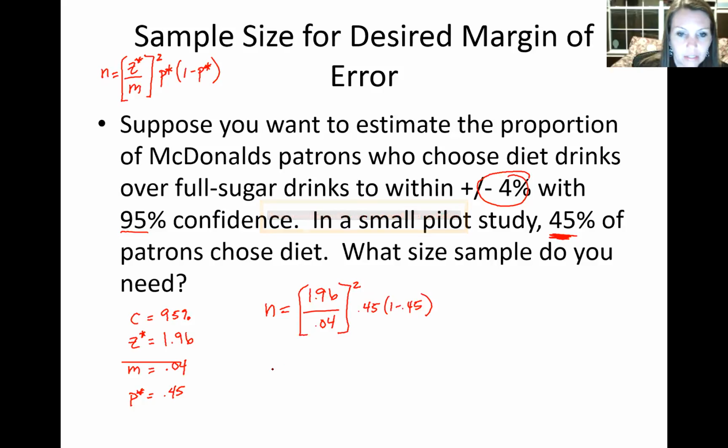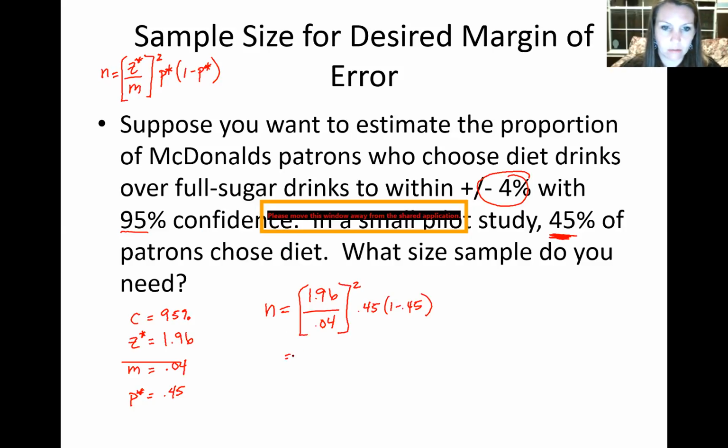All right, so then we can go ahead and start working through this. So if you have your calculators, get them out and work it with me. So I'm going to have 1.96 divided by 0.04, which gives me 49, and then I'm going to square the 49, and that gives me 2401.